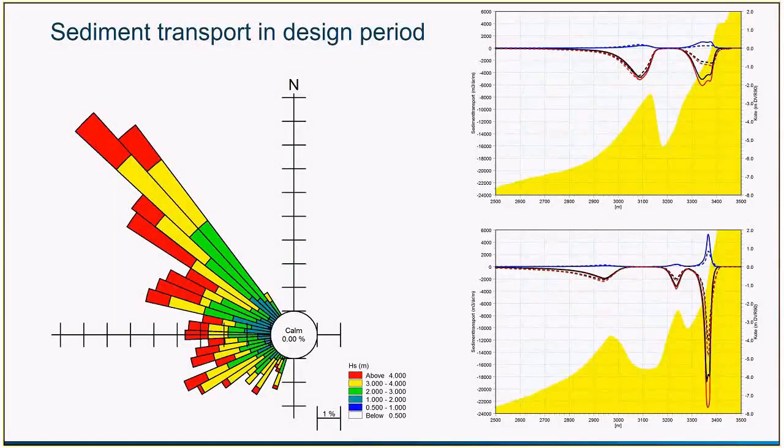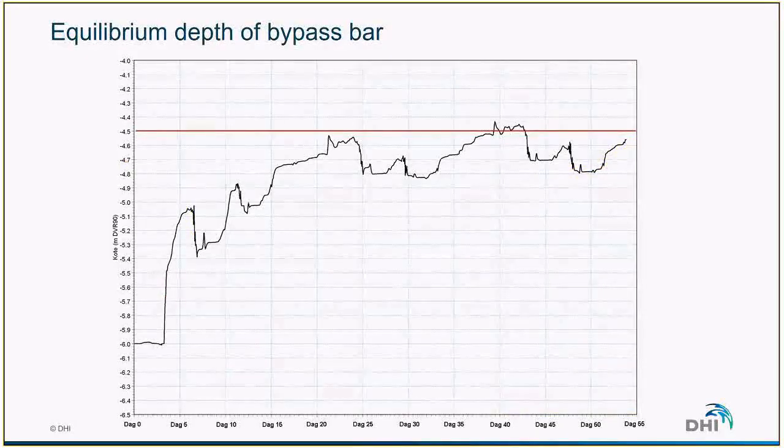On the littoral drift calculations, we can see the averaged yearly transport in solid lines, and the dotted line is model results. And we can see that on the outer bar, we have very good correlations between the artificial wave climate that we're using and the average wave climate.